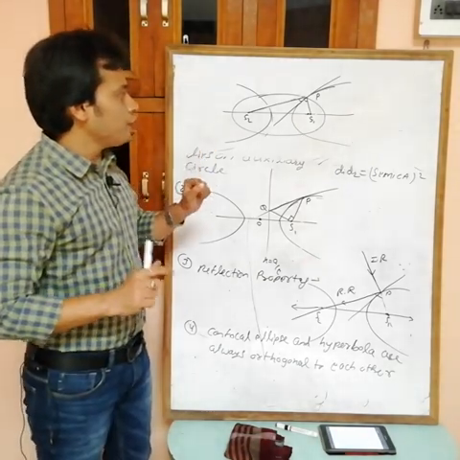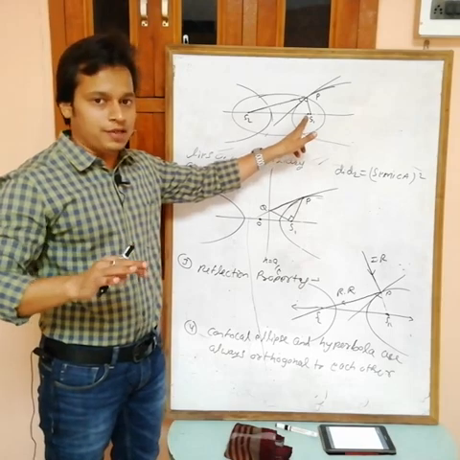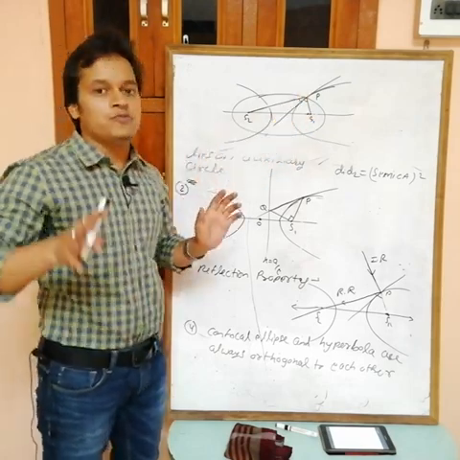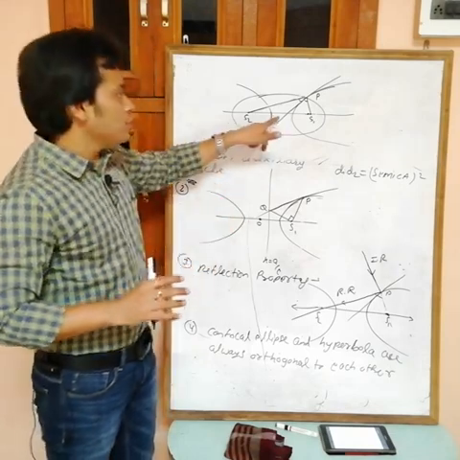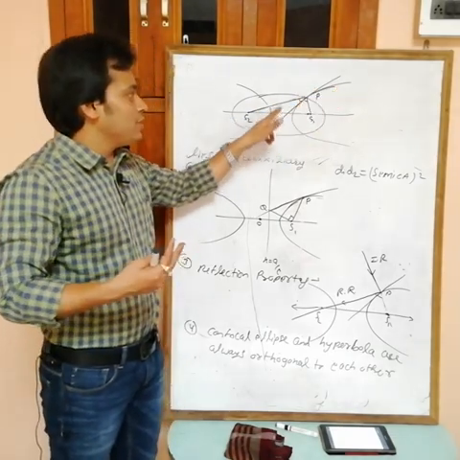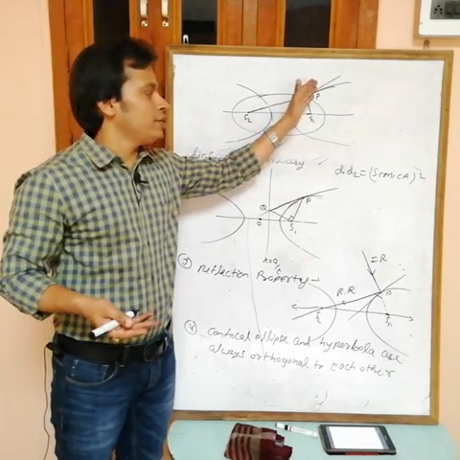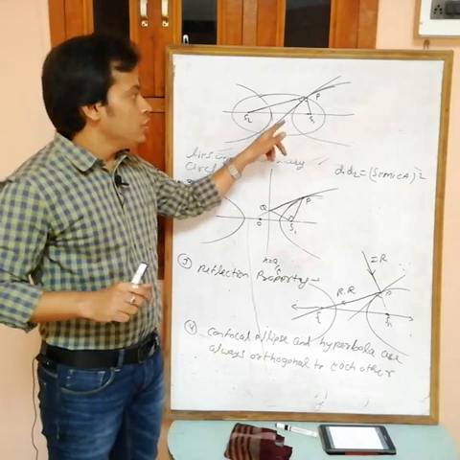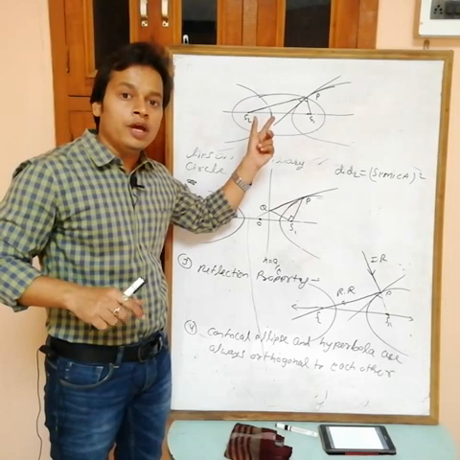Now in case of the ellipse, these are the foci of the ellipse, and the angle between PS1 and PS2 is always bisected by either the tangent or the normal. Okay. So this line is tangent for the hyperbola, but it can't be tangent for the ellipse, obviously, because it is intersecting at P. So this must be the normal for the ellipse.